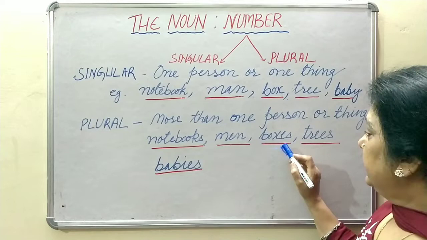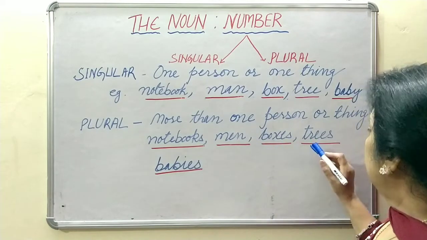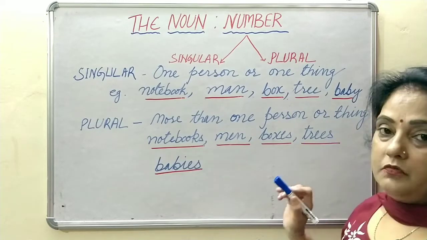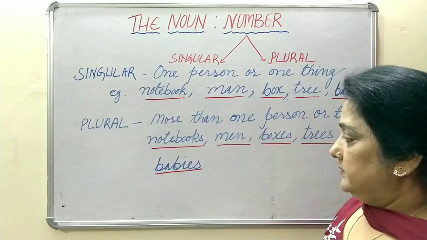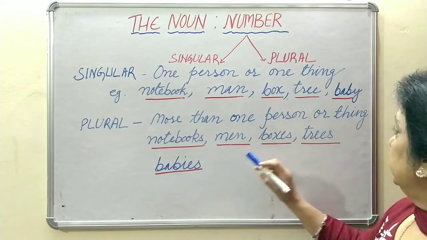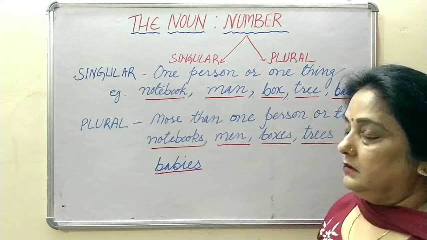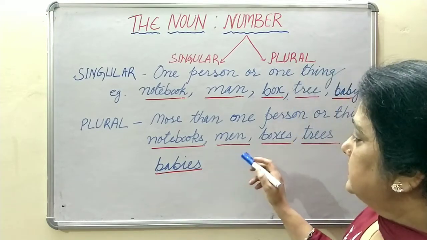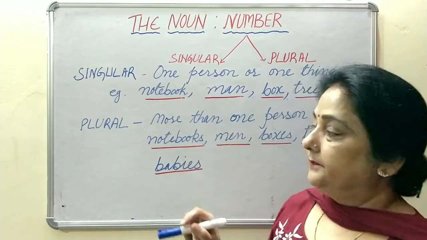Here we added ES to form a plural. Trees. Here also we have added S to form a plural of tree. Babies. Baby, babies. We have changed this Y into IES to form babies. So this is how the plurals are formed.